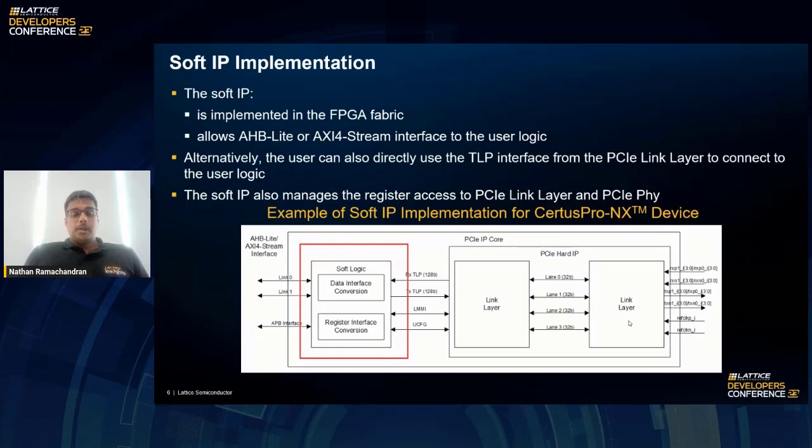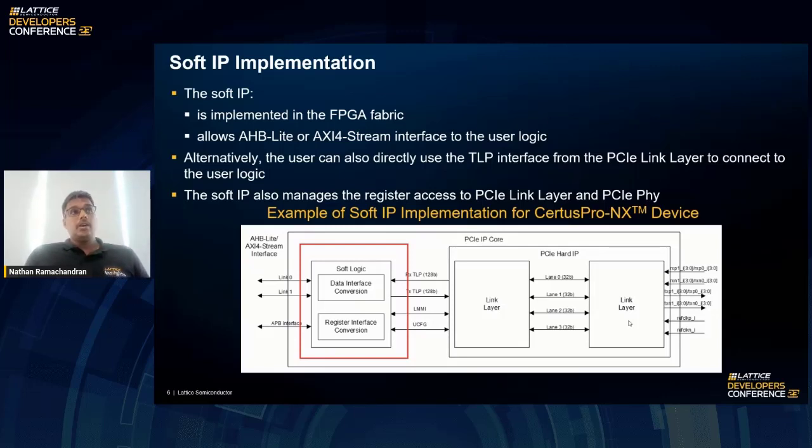And the PCS consists of blocks like word alignment, 8-bit, 10-bit decoders. So those registers related to these blocks are also mapped at the register interface conversion block of the soft logic. So we can access those registers using the LMI and also the APB interface.